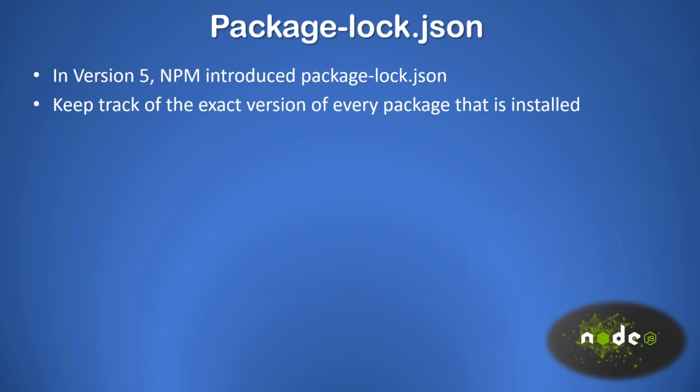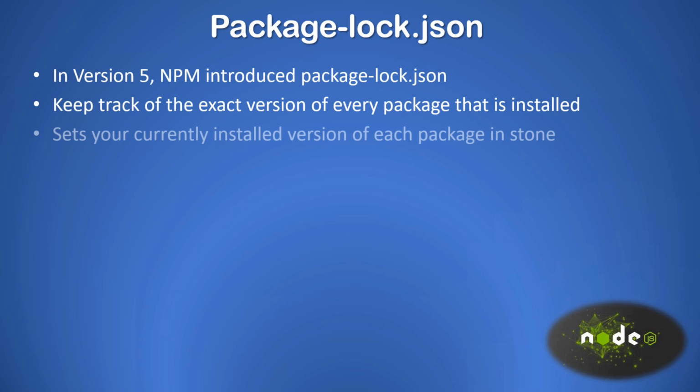Basically, it sets your currently installed version of each package in store, so that if any other people use your application, it works as expected, in your system as well as in their system.